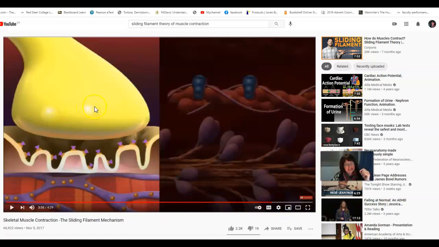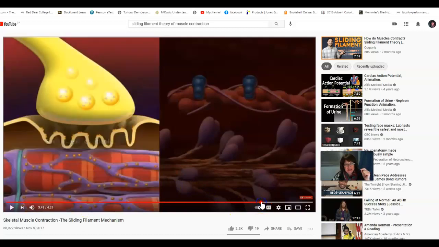So the signal will come down the axon, and then it will cause these yellow circles. These are the circles that contain the neurotransmitters. Then the neurotransmitters will cross the synaptic cleft and will bind to the receptors on the muscle membrane.